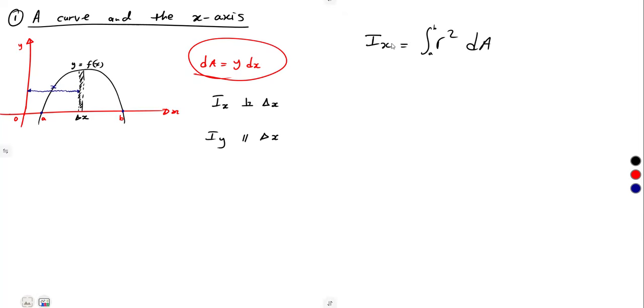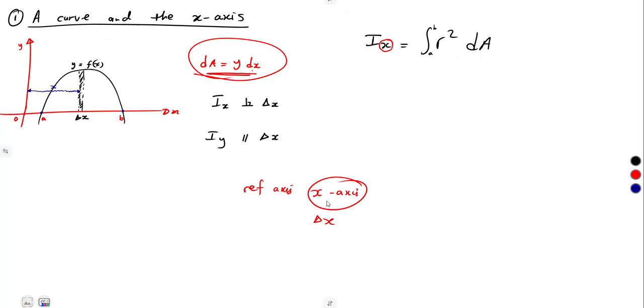The reference axis here is the x-axis. That's our reference axis. What about the strip? The strip is from our dA. Remember our dA formula, the strip is for x, as you can see there.